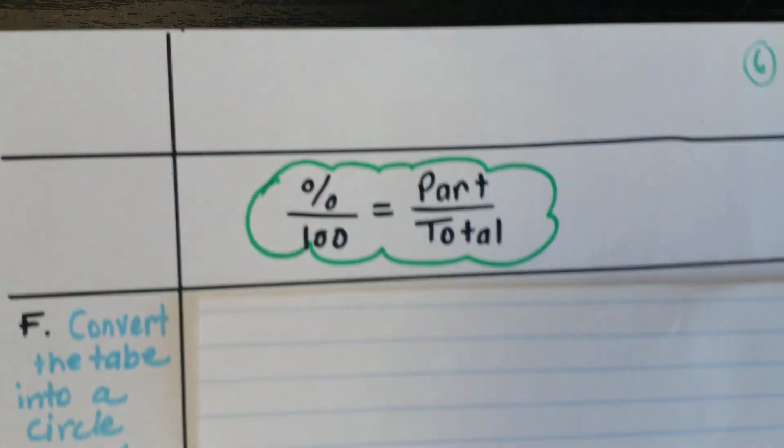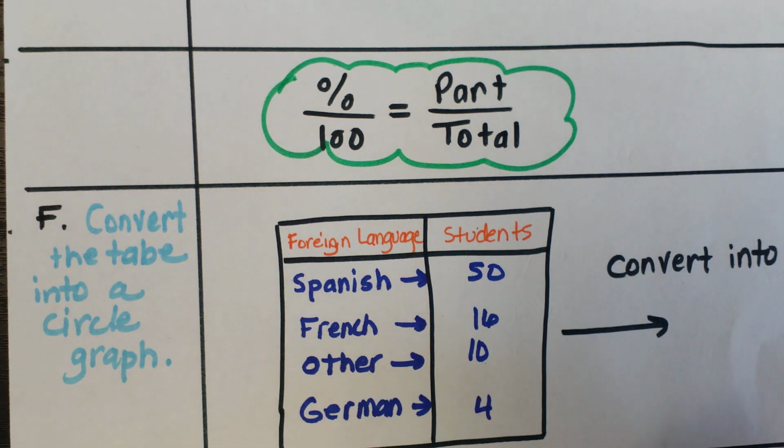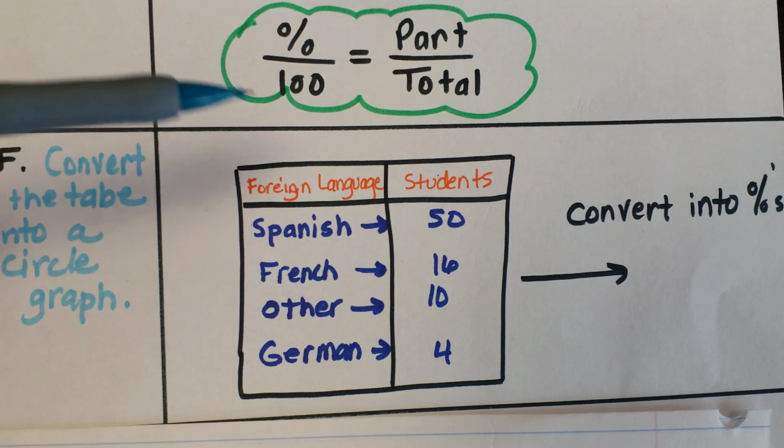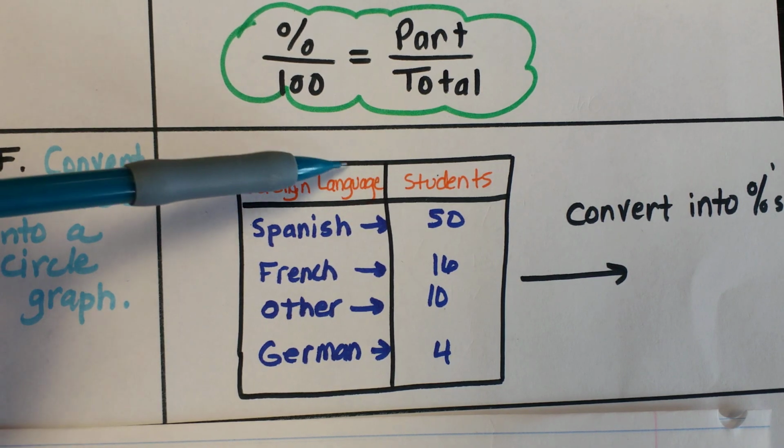All right, part F. I'm going to slide this up. Section F says convert the table into a circle graph. So here is the table that I want to give you for part F. This table is discussing students and the different foreign languages that they take at school.